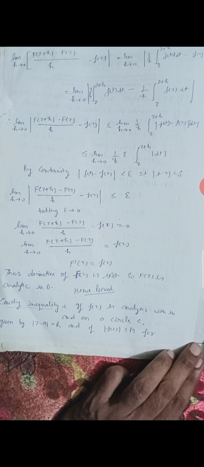Now the Cauchy inequality. If f(z) is analytic within and on a circle C given by mod of z minus a is equal to R, and if mod of f(z) is less than or equal to M for every z on C, then mod of f^(n)(a) is less than or equal to M factorial n upon R to the power n.